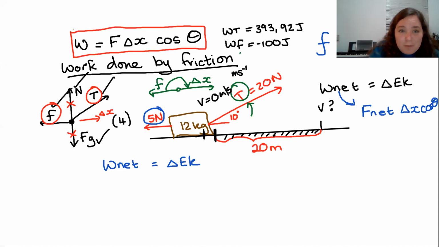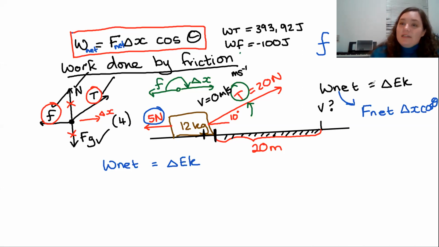There's nothing to stop you from plugging in a net there and working that way. But very few people ever do that. Very few people will ever work out the resultant of those two forces and then work from there. It's a very messy approach for me, at least personally. But provided you do it 100% correctly, you will get the right answer.